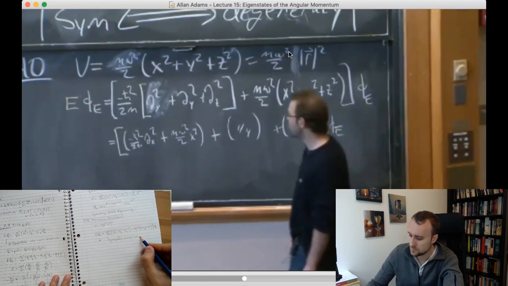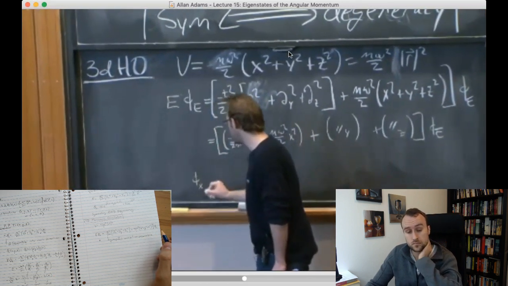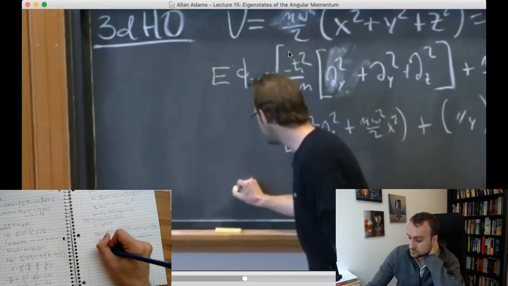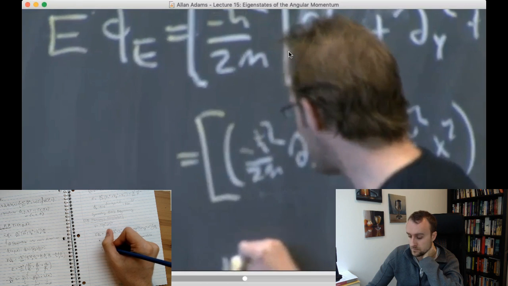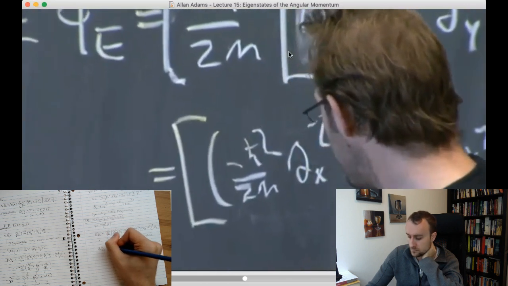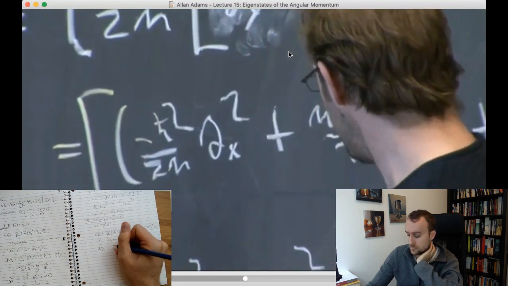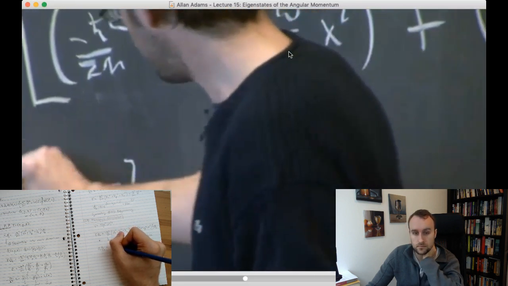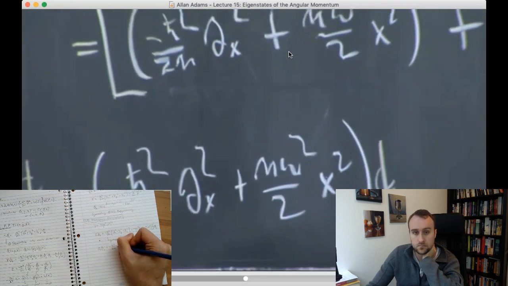So now we have a nice separable system where I want to solve the equations 3 times, once for x, y, and z. I'm just going to write it for x: epsilon sub x phi_x is equal to minus h bar squared over 2m d_x squared plus m omega squared upon 2 x squared, acting on phi_x, and ditto for y and z.